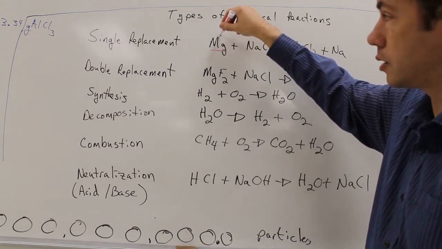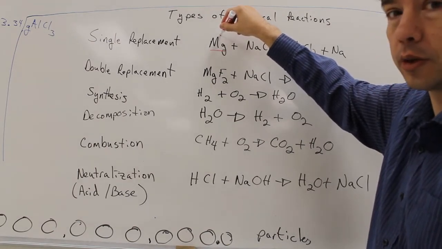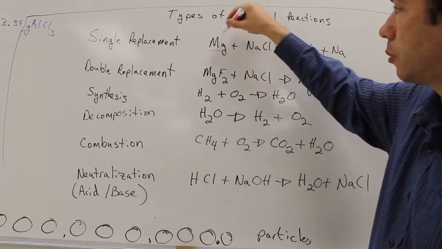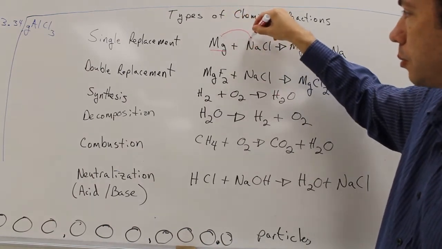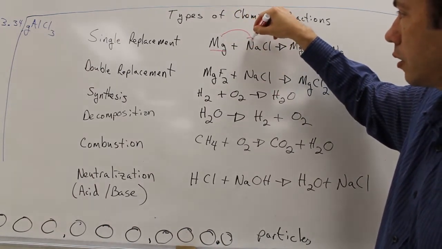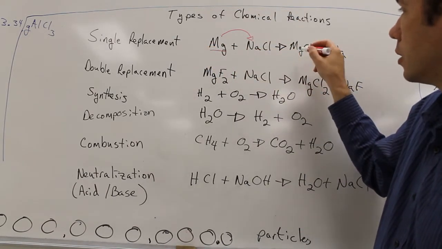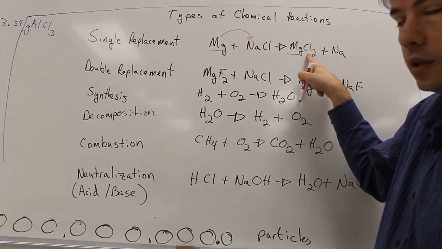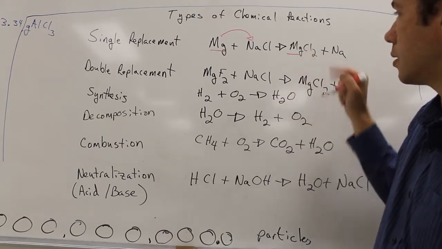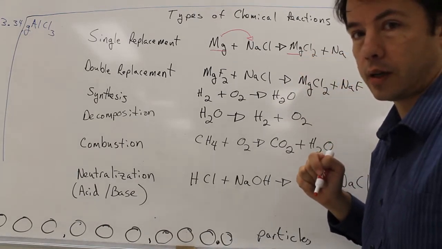Magnesium is 2+ on the periodic table with its oxidation number, and sodium is 1+. So the positives are going to switch places. Magnesium comes over here and kicks sodium out, so magnesium is now bonded to chlorine, and sodium is now by itself.